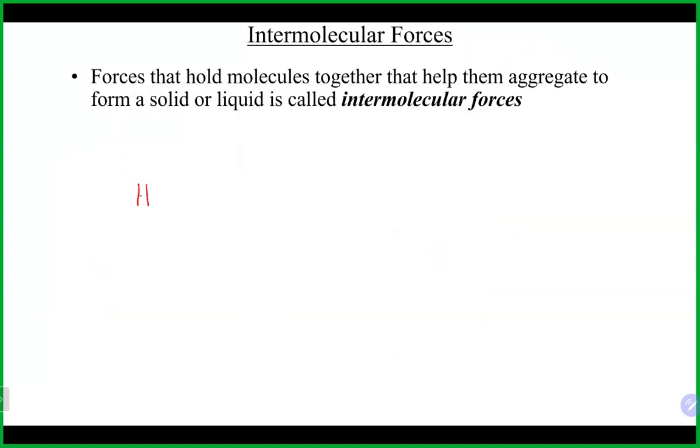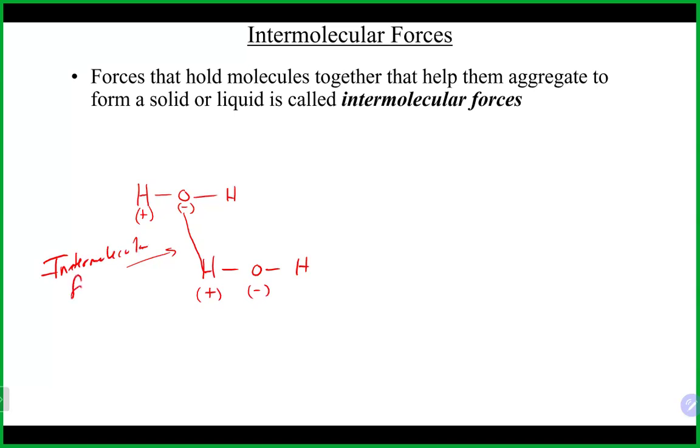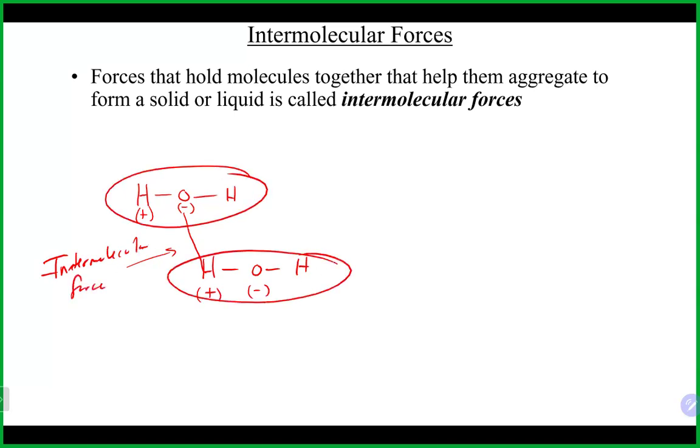So for example, if we had two different water molecules, and water, as we've talked about, is polar, so they're going to be attracted opposites here. And that is an intermolecular force. That's the force that holds this entire water molecule together with this other entire water molecule.